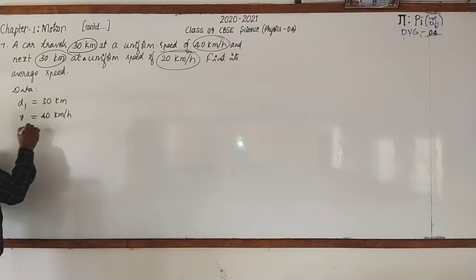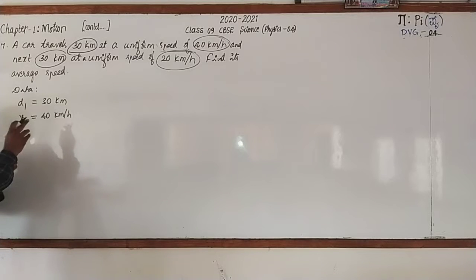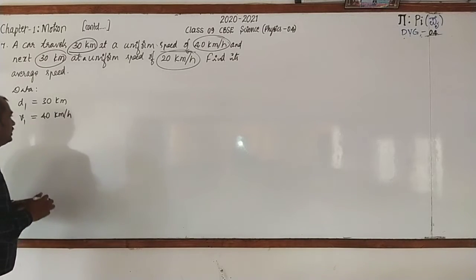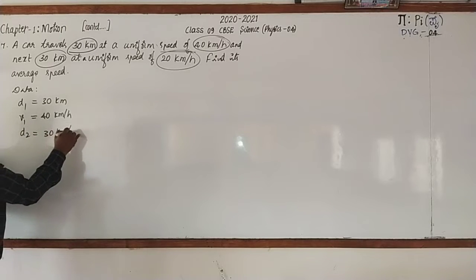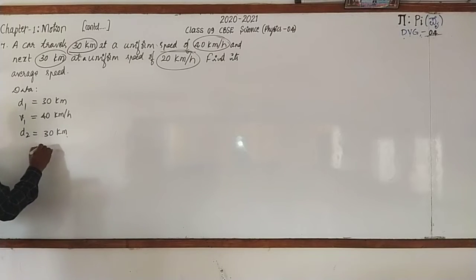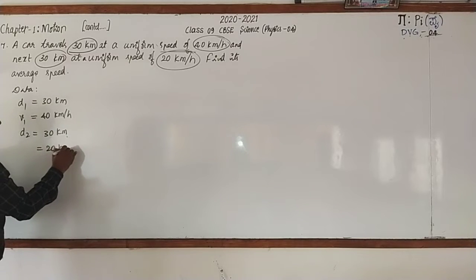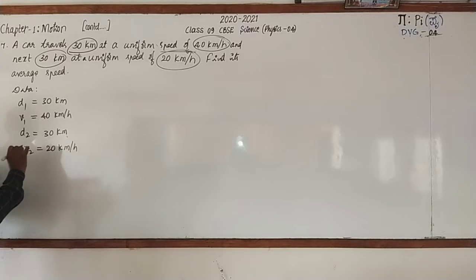Let us call that speed V1. Next, again it covers 30 km, I take this as D2. D2 is 30 km, with a speed of 20 km per hour, and this speed you can take as V2. Right? What are you going to find out? VAV, that is average speed.